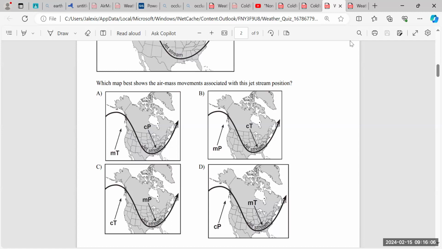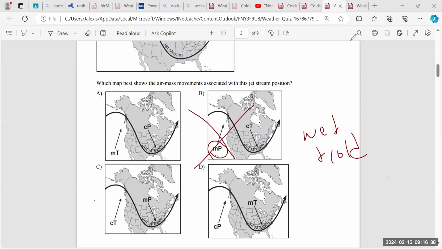All right. So when I'm looking, I know, for example, an air mass could not have originated here because an mP air mass represents wet and cold. And because this air mass is created at a region that is not too far from the equator, that's why it can't be B. All right.